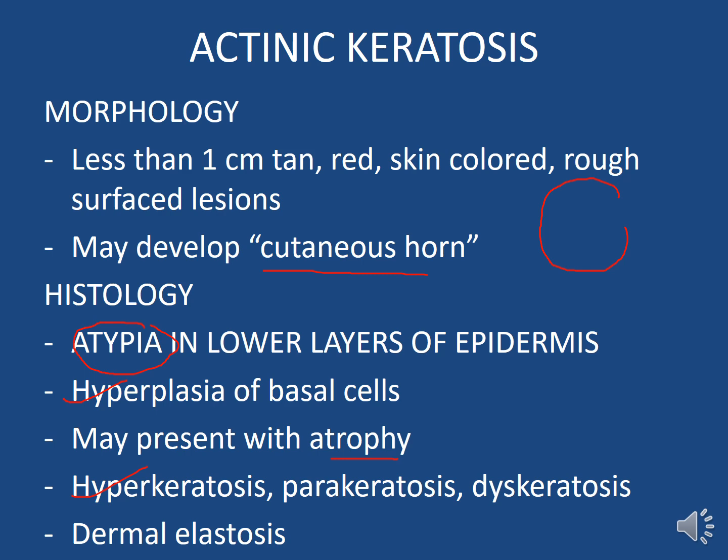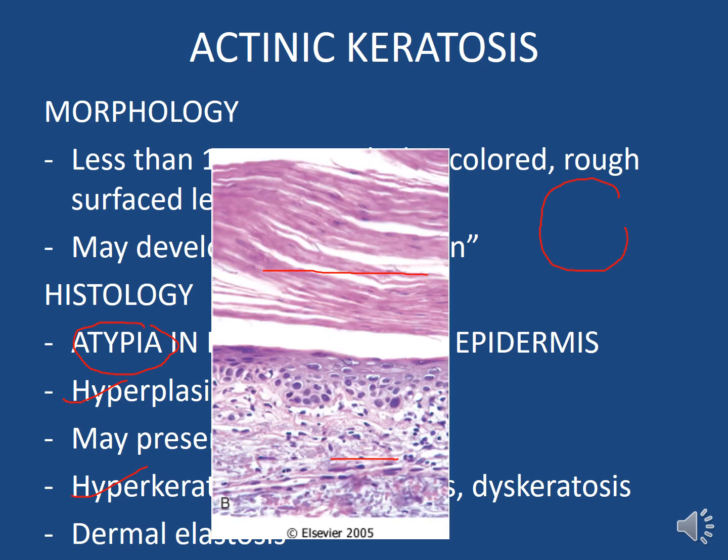We have already studied these terms in our first lecture. Underneath the epidermis, we will be able to see elastosis in the dermis. Here, you're able to see mild elastosis in the dermis.